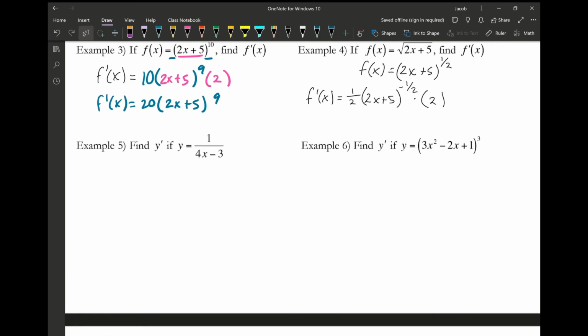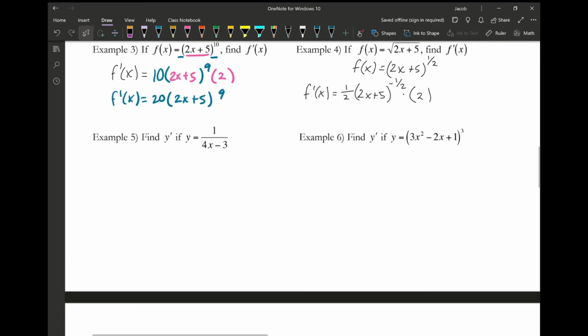Now for 5 and lastly 6, we have to use some exponent knowledge, especially for 5. On 5, y is equal to this fraction. And you might be like, well, let's just use the quotient rule and be done with this because we got a numerator and denominator. We can actually rewrite this to 4x minus 3 to the negative 1.